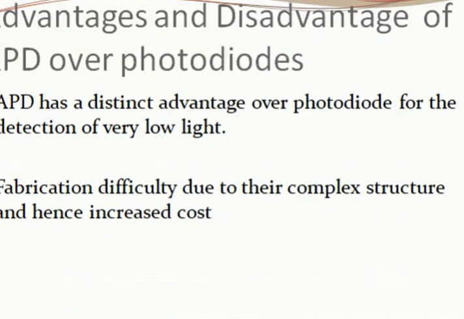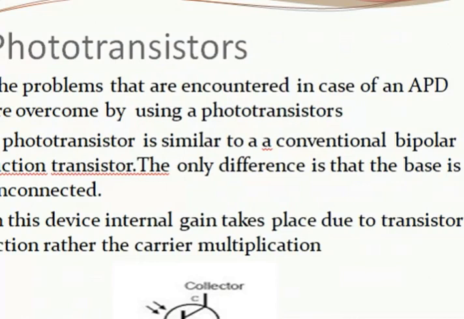The problems encountered in APDs are overcome by using a phototransistor. A phototransistor is similar to a conventional bipolar junction transistor. The only difference is that the base is unconnected.